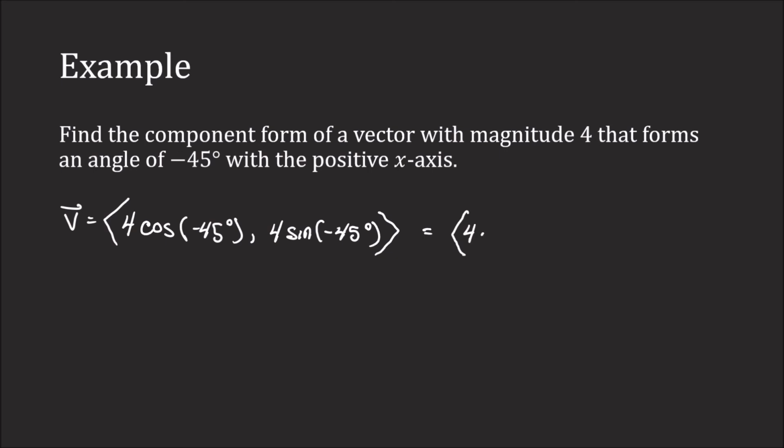So cosine of negative 45 degrees is square root 2 over 2, and it happens to be the same for the sine of negative 45 degrees. And so our component form of v is 2 root 2, negative 2 root 2.